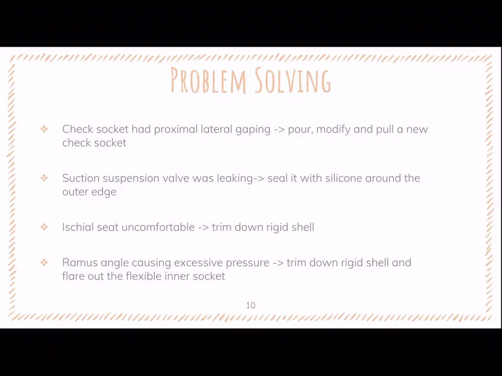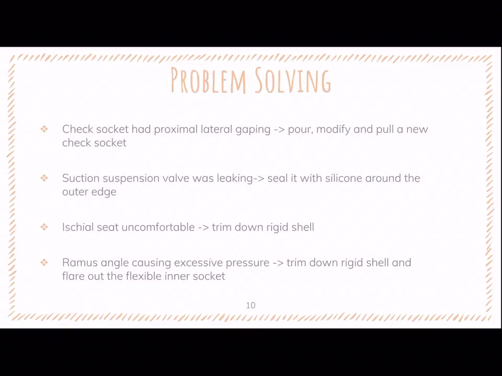Insurance usually pays for up to 2 check sockets, so it was completely under normal care. Also, the suction suspension valve was leaking in her finished leg. It was leaking air, which means that she would lose suspension if she tried wearing that leg, so this was also a quick fix by sealing the outer valve to make sure it was airtight and no air would come in as she was walking.